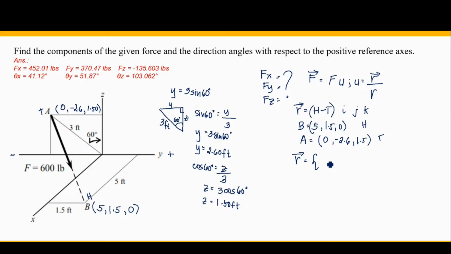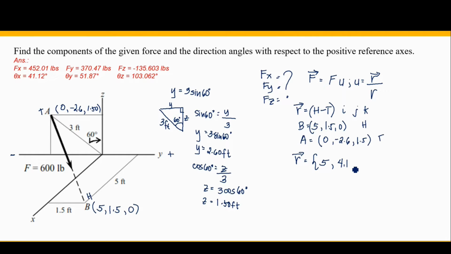So we have 5 minus 0, we have 5. 1.5 minus negative 2.6, so ilan? 4.1. So we have positive 4.1.